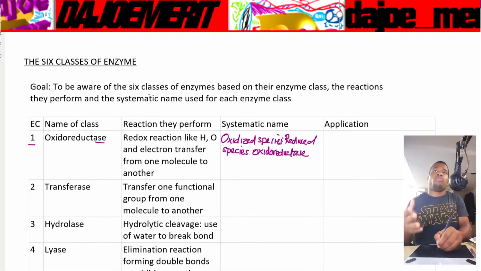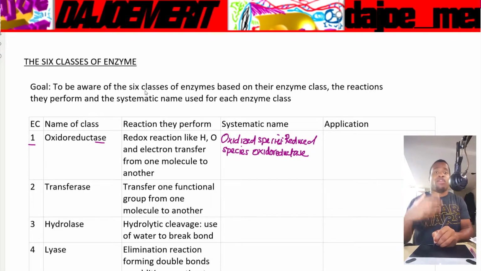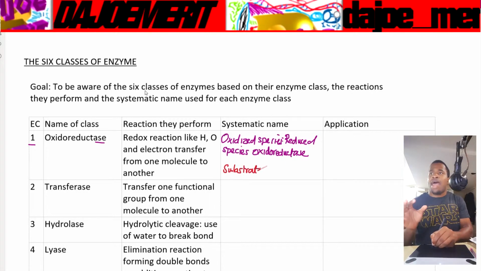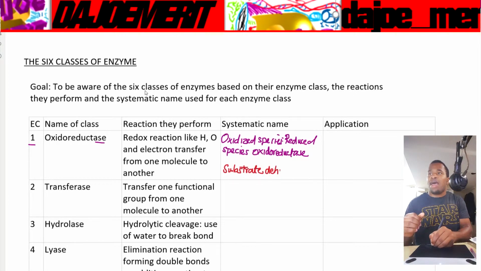Now you can also write another way. There's another way of writing this. This is just writing the substrate name and then put down the hydrogenase as the general name.